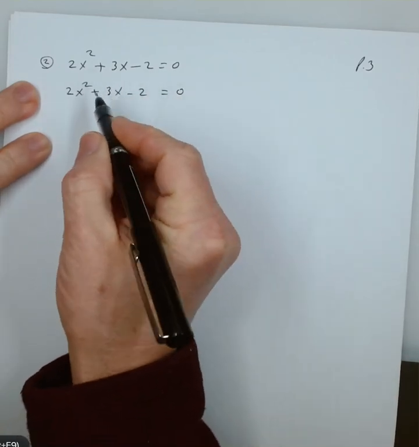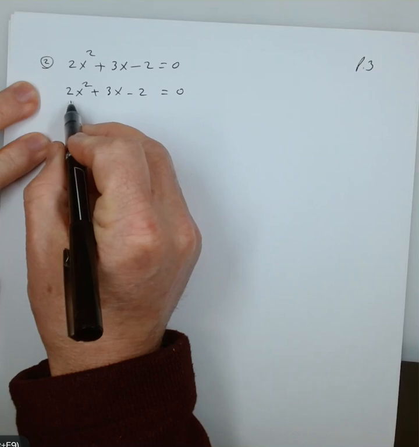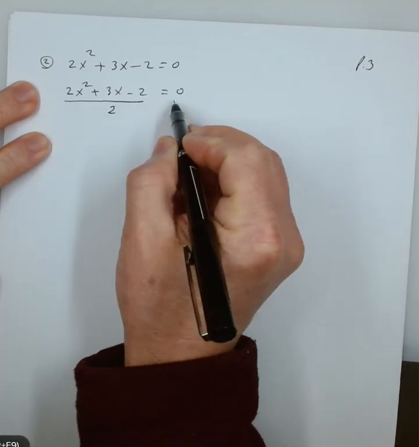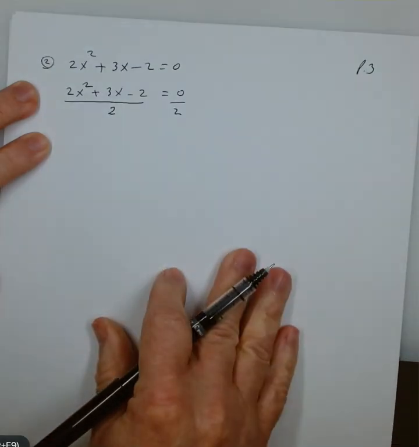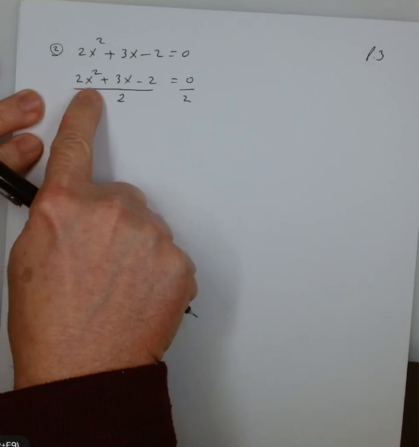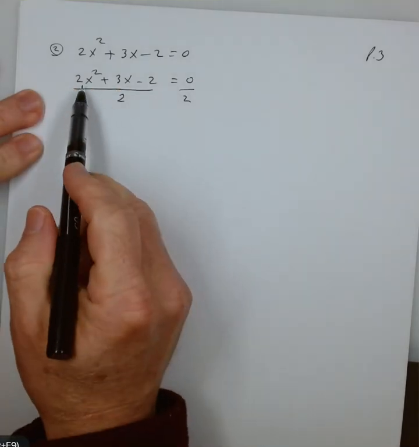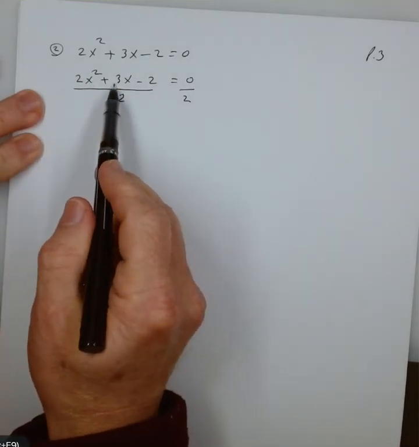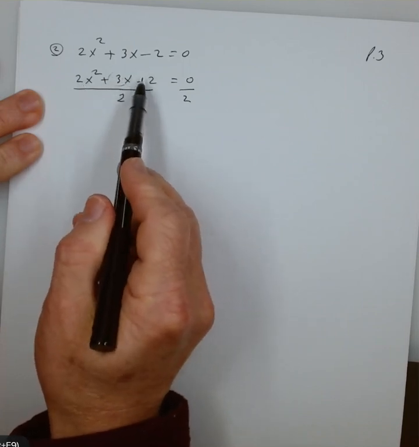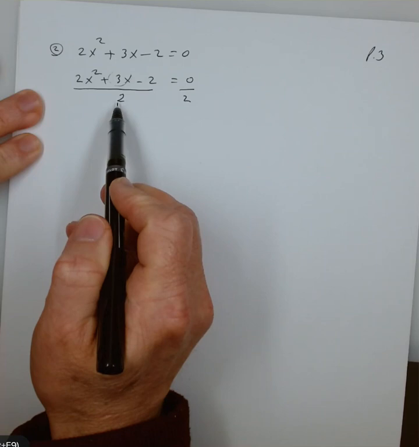All right, so basically you're saying this side divided by 2 and this side divided by 2, right? Now, the numerator right here has 3 terms. 1, 2, 3. All of those terms are being divided by what number? 2.